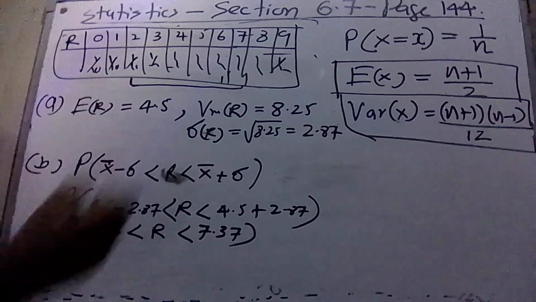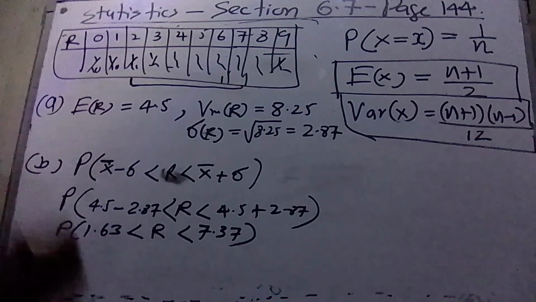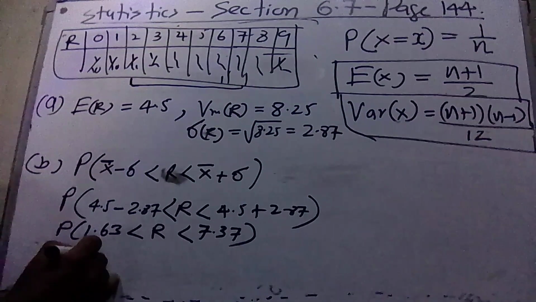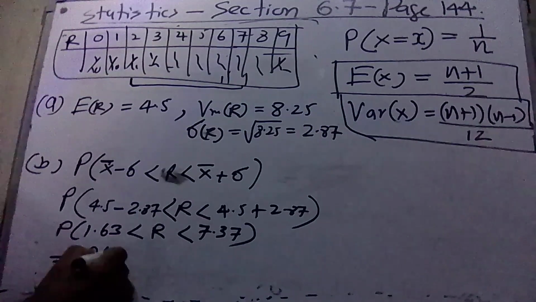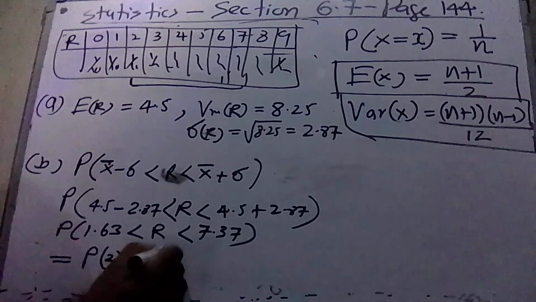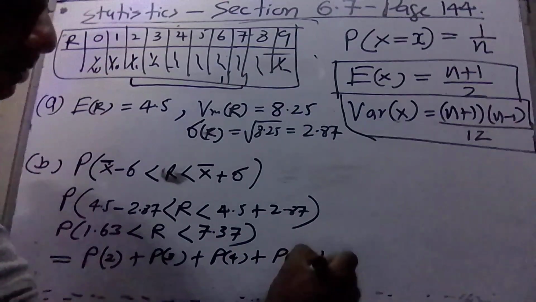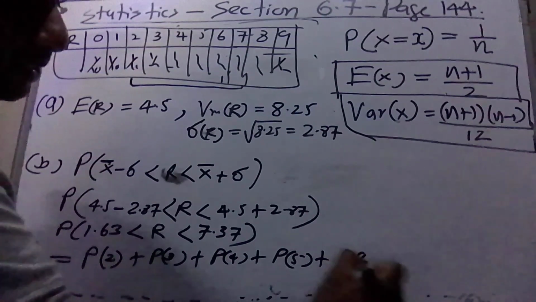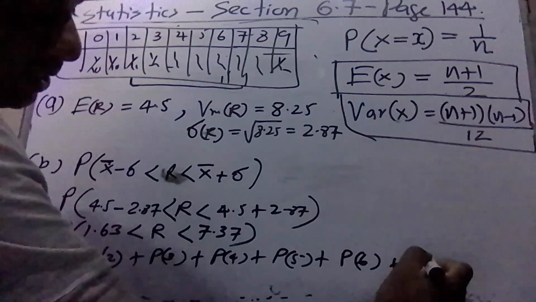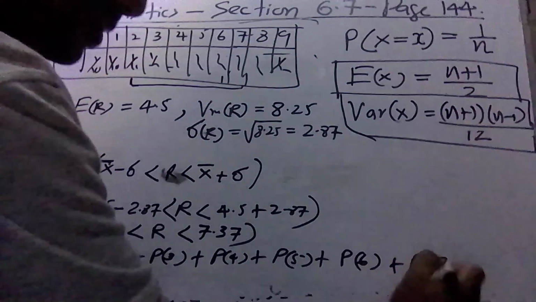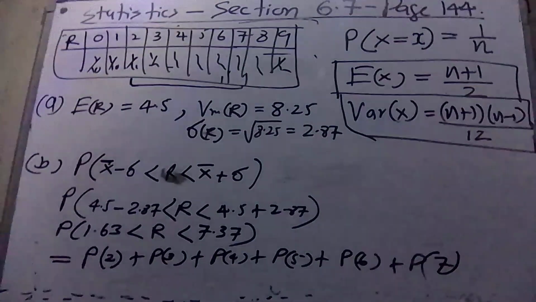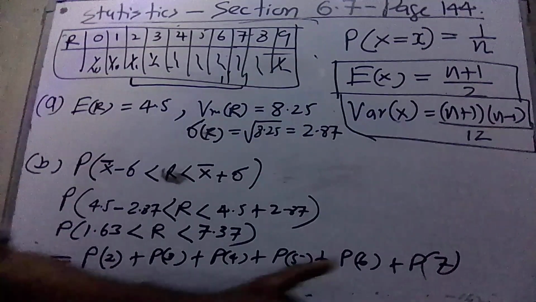So what we have to do is P2 plus P3 plus P4 plus P5 plus P6 plus P7. So how many are there? 1, 2, 3, 4, 5, 6.